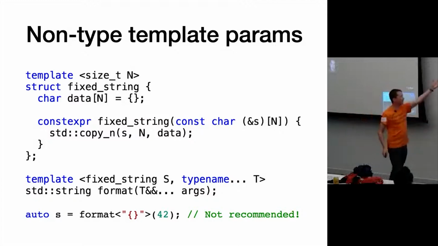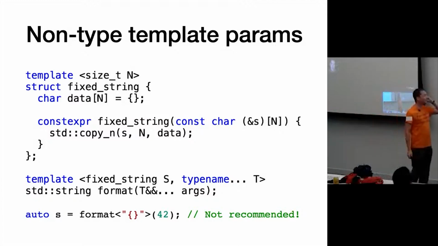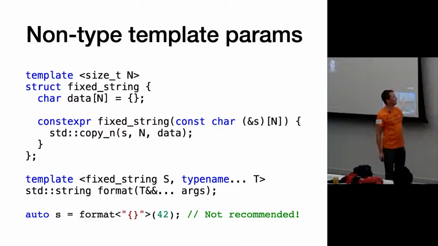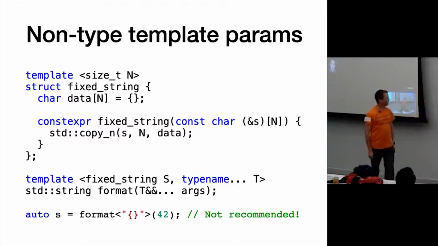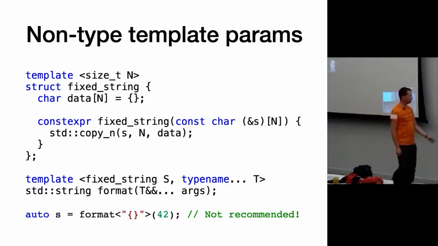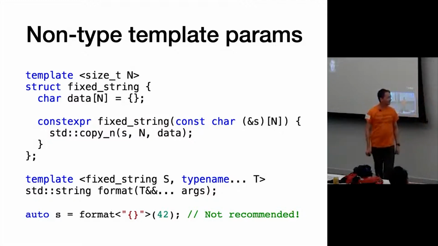We need a fixed string, because C++ doesn't give us one. A fixed string is basically an array of characters of size n. And here we just plug in this fixed string as a template parameter, and it's great. So we could use format, angle brackets, this string.